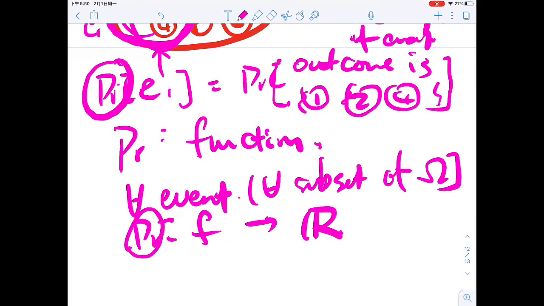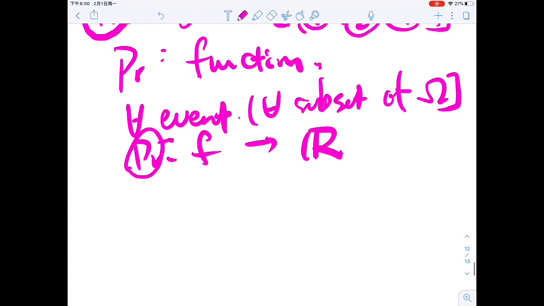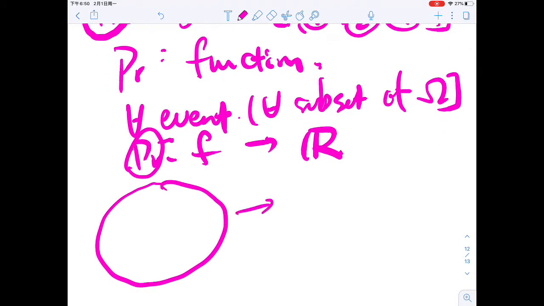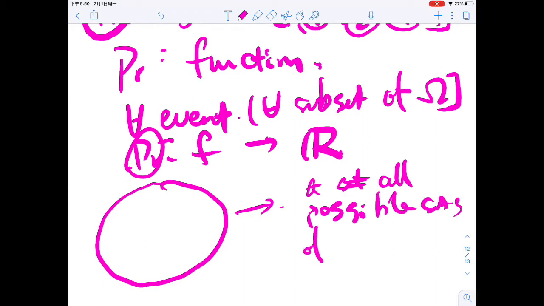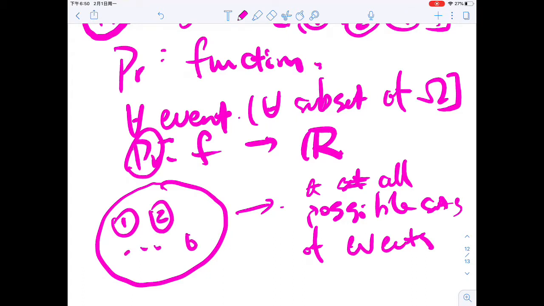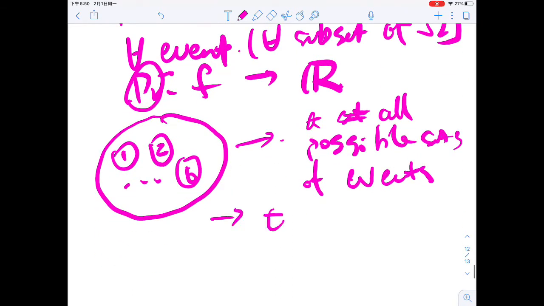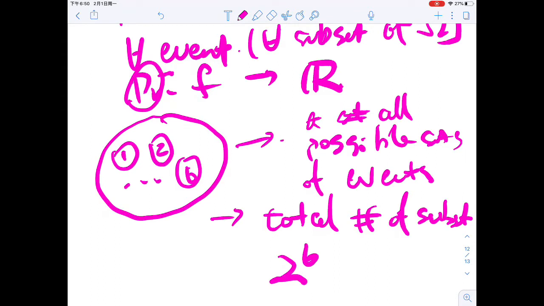So this function needs to be well defined on whatever places you think you should be able to define. Let me just repeat. I have a set of outcomes, then I can talk about the set of all possible events. In this discrete setting, if I have only 6 elements, the total number of subsets is 2 to the 6.